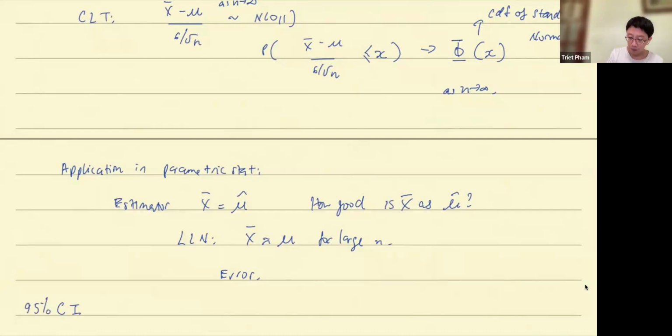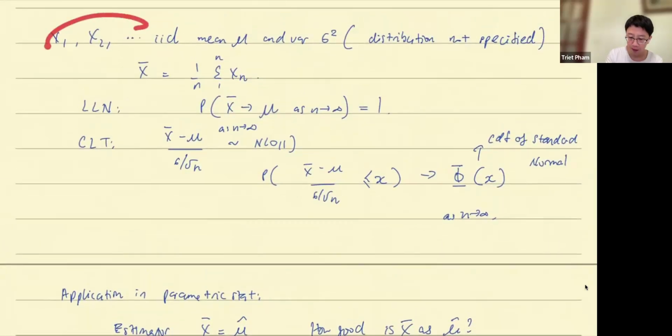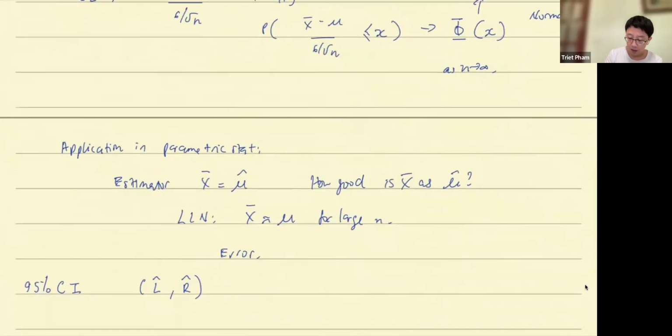What does that mean? A confidence interval is something that will be formed, let's say, using a left estimator and a right estimator. The hat here means that they both come from the sample themselves, such that the probability that the true average, the true mean, is in this random interval is equal to 1 minus alpha.